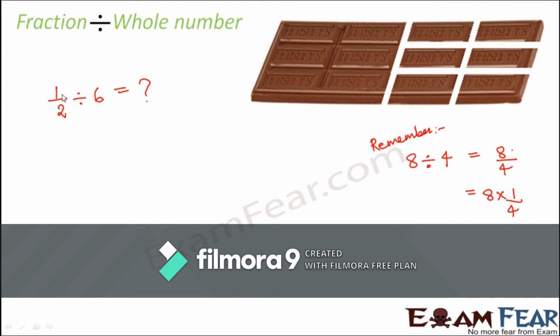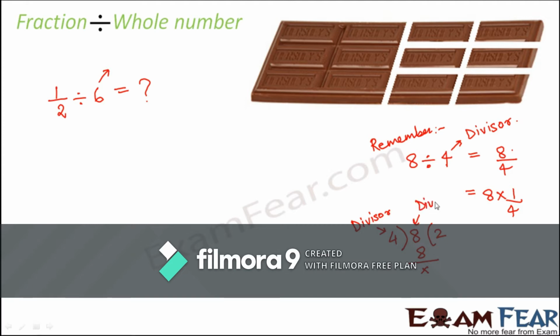So when we say 1 by 2 divided by 6, the number by which you are dividing, like in this case it was 4, is called the divisor. If you remember your basic division rules, when you divide 8 by 4, you get 4 2s are 8 and this is 0. So this 4 is the divisor, that is the number by which you are dividing.